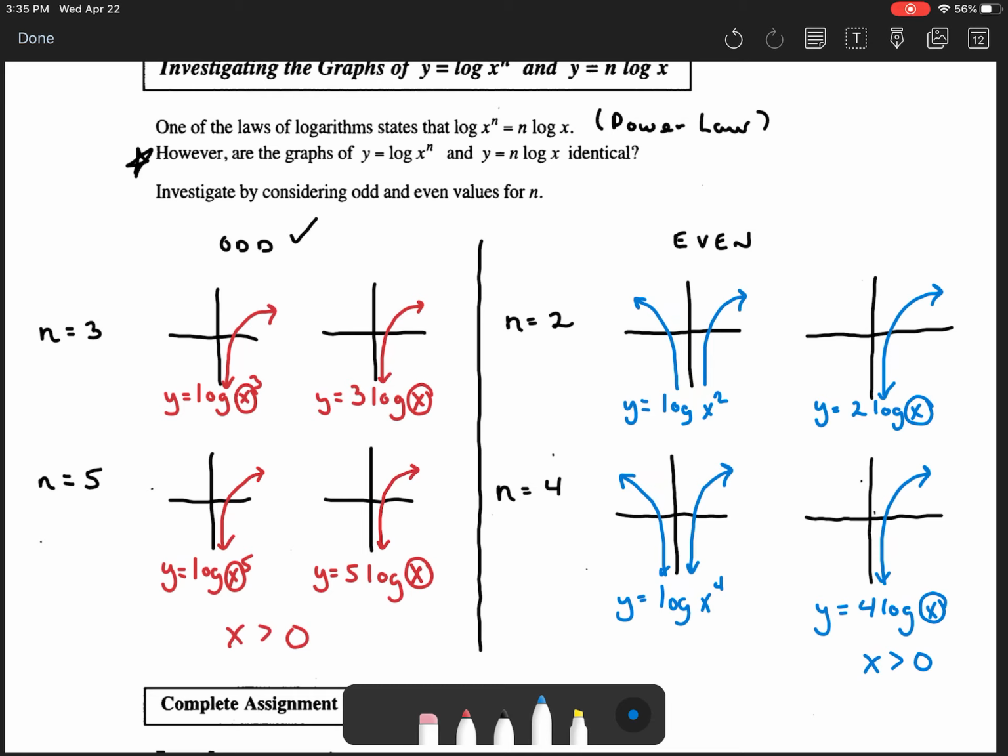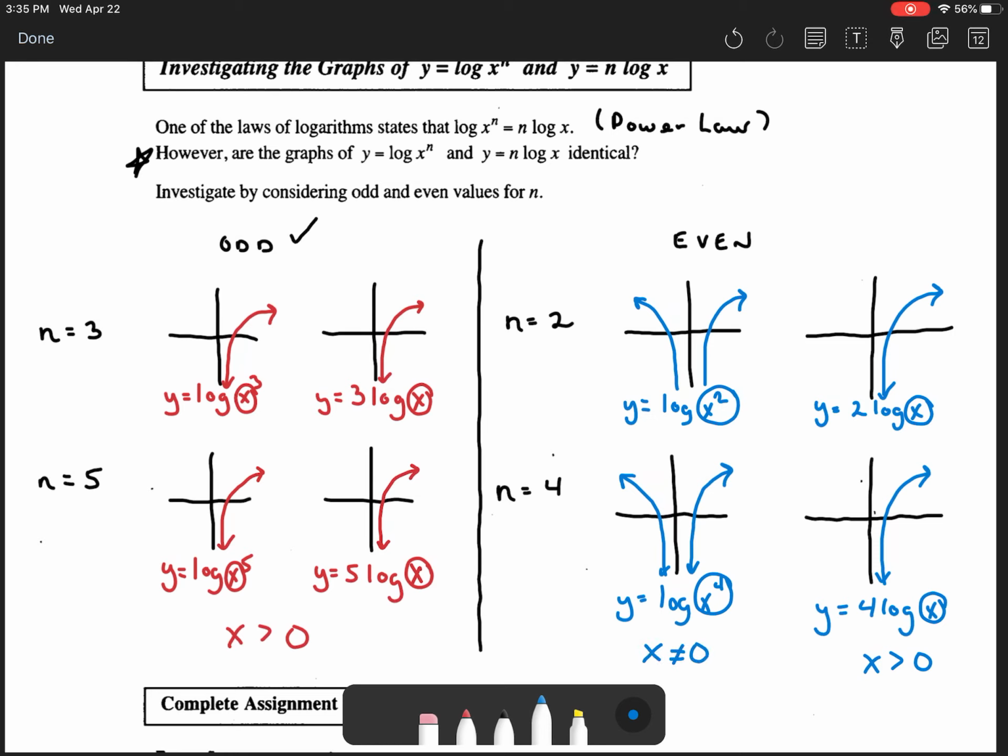However, when I come over here to the even functions, there's a difference. For the graphs on the right, the 2 log of x and the 4 log of x, again, x has to be greater than 0. I cannot put a negative value in there because it makes the argument negative.